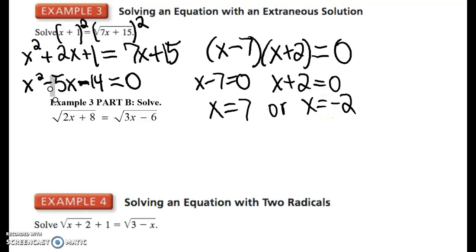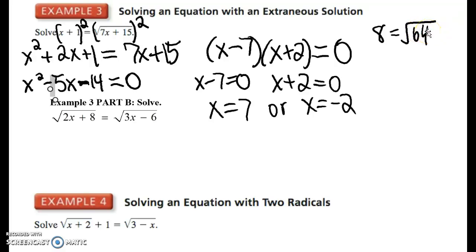Now, to solve for extraneous solutions, you want to plug these numbers back into the original equation. So if I plug 7 into the equation, I get 7 plus 1 on the left-hand side, so I get 8 equals the square root of 7 times 7 is 49, plus 15 is 64.